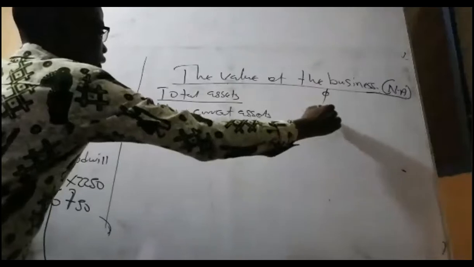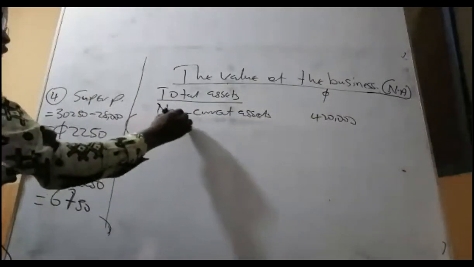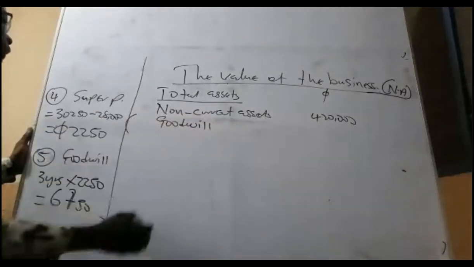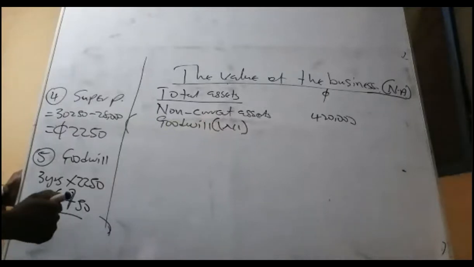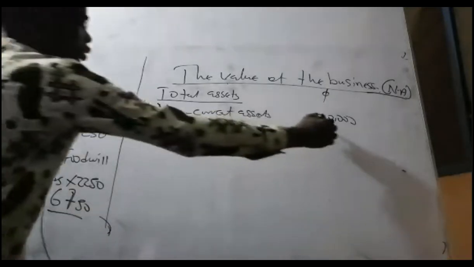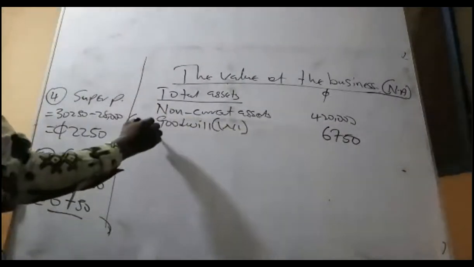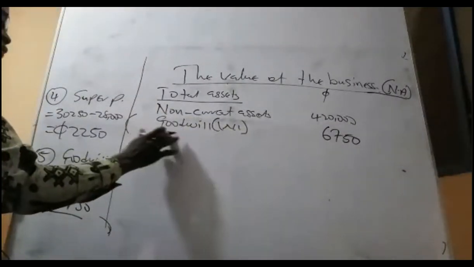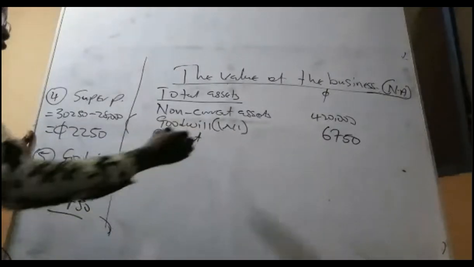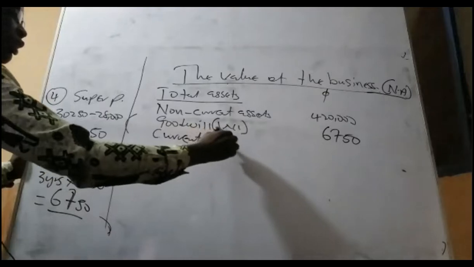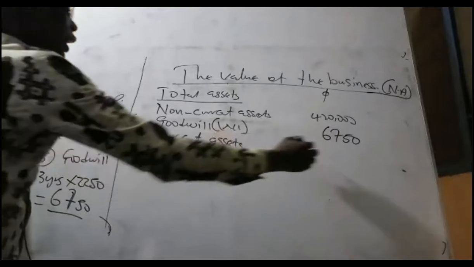Non-current assets is 420,000. After the exam now, goodwill calculated, bracket workings number 1. We have 6750. So goodwill is 6750. Then I'll go to current assets. Current assets. That was 240.